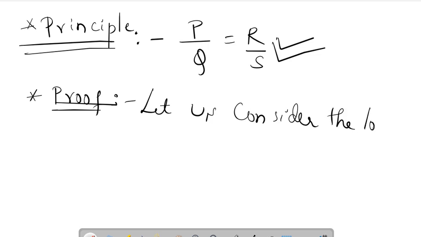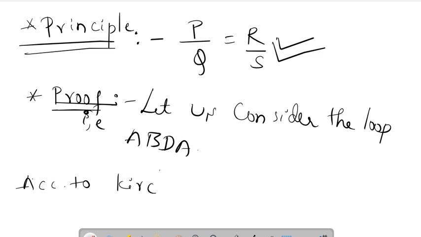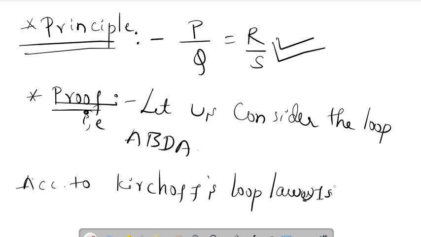Let us consider the loop ABDA in the figure. See, you must see the diagram here, otherwise you will not get it. So what is the loop law according to Kirchhoff? Now according to Kirchhoff's first law, what is the first law here?